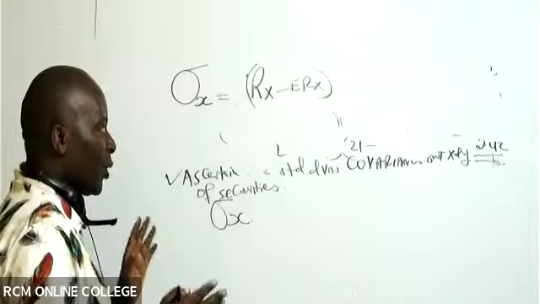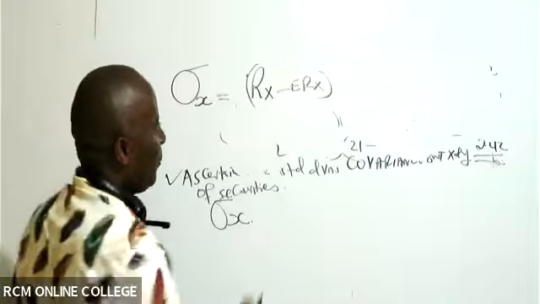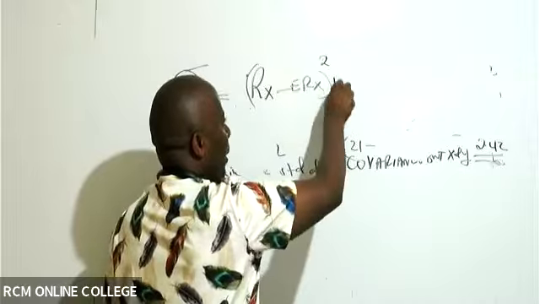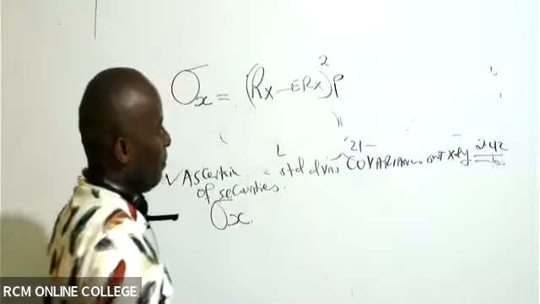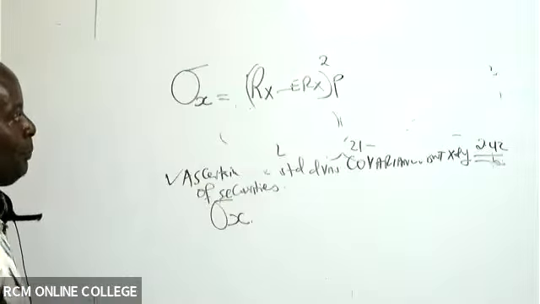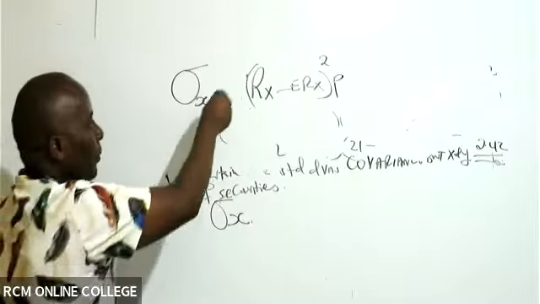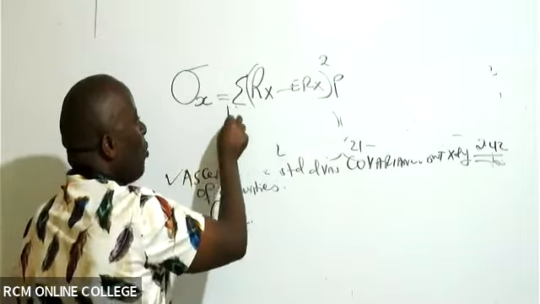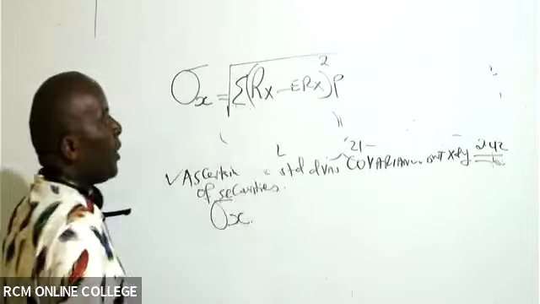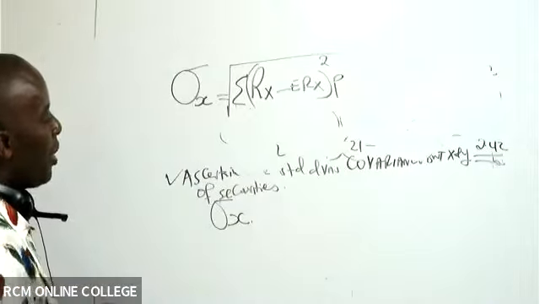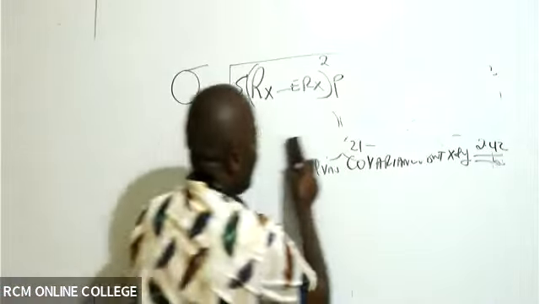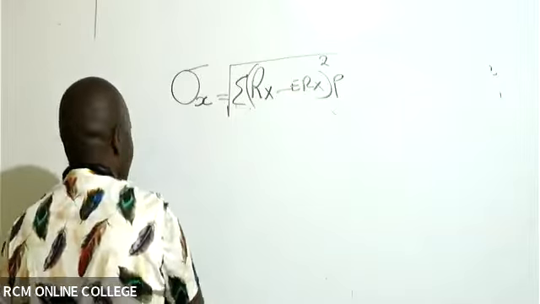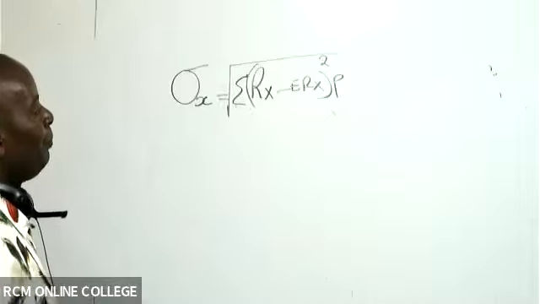These must always be squared. There are many of them, so each one you must multiply by its probability, and because there are many of them, you sum. It can't be standard deviation without a square root.